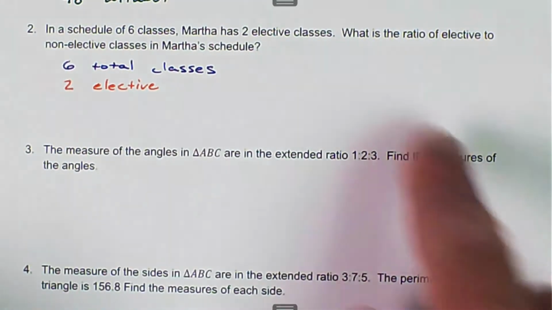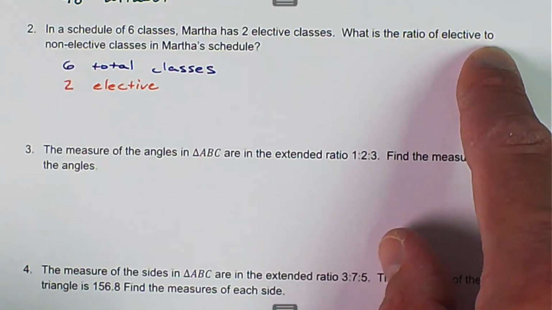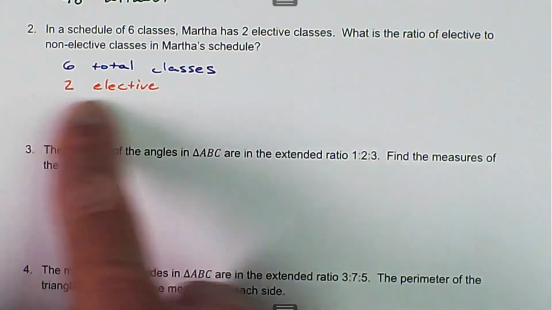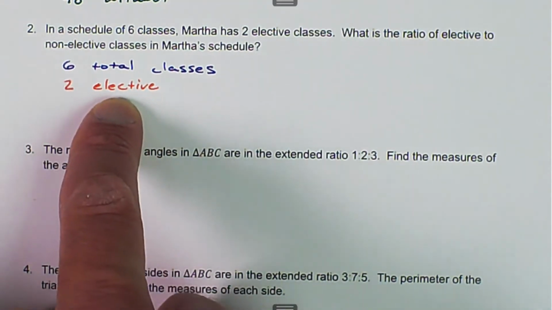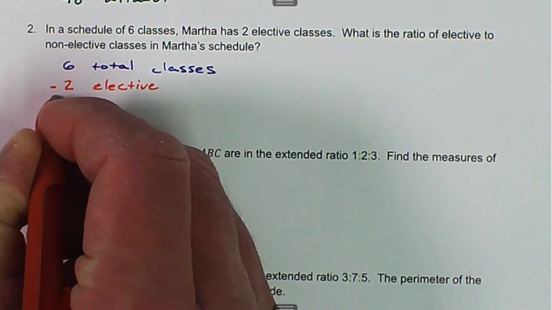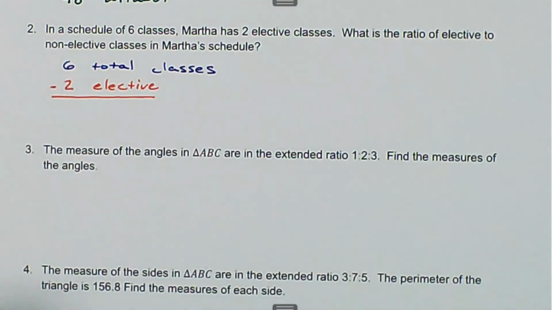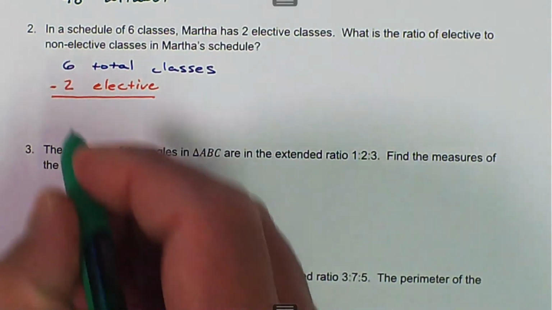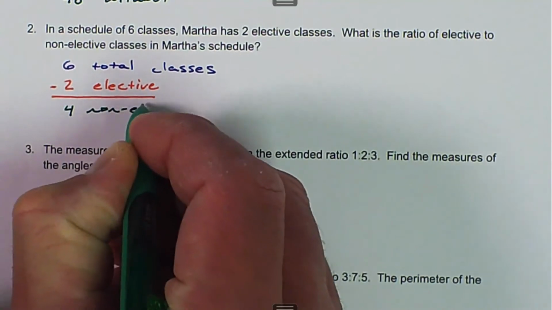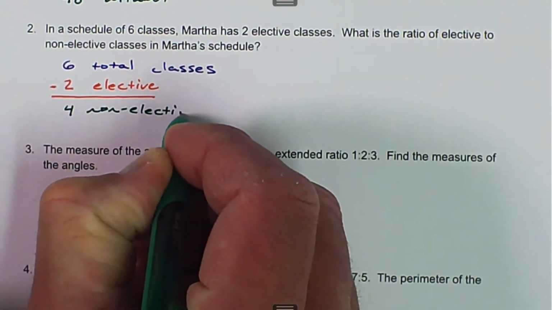Now it wants to know, what is the ratio of elective to non-elective? So 2 elective classes, how many are going to be non-elective? Well, that's going to be the rest of them. So if we say 6 minus 2, that is going to be 4 non-elective classes.